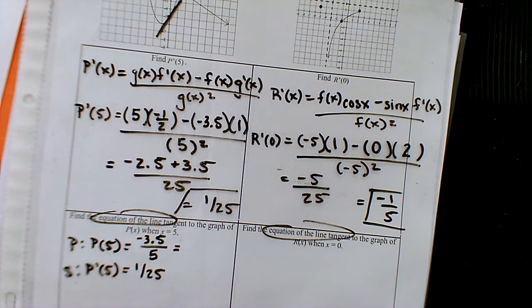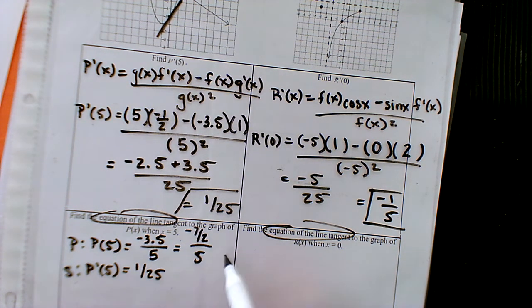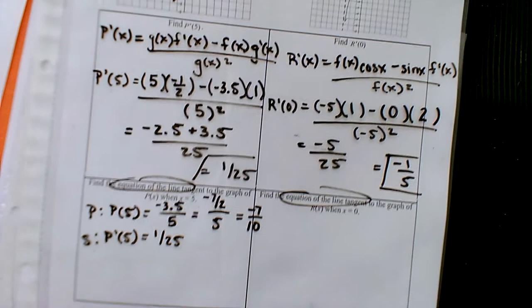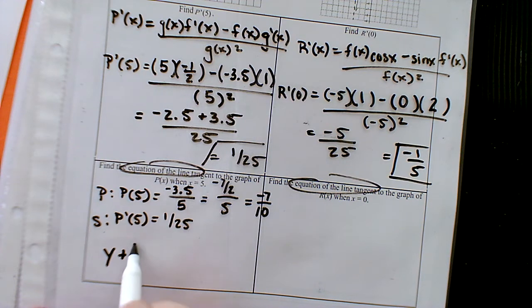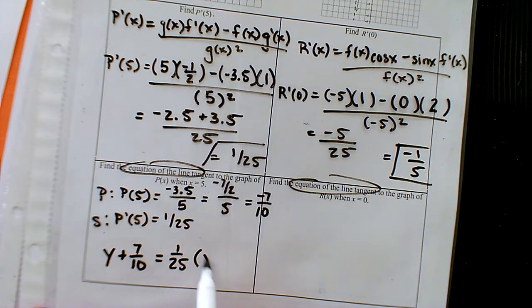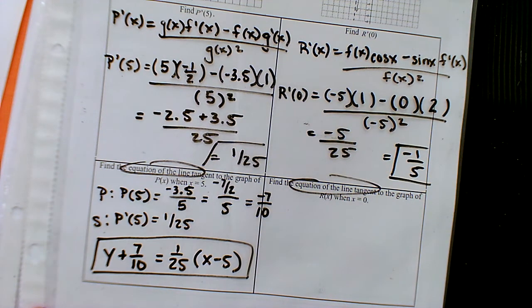Can we write 3.5 as a fraction? Yeah? Negative 7/2. Okay, and if you divide that fraction by 5, meaning multiply by the reciprocal, we get negative 7/10. Alright, so point slope, we know it. We'll do y minus the point equals the slope times x minus 5 in this case.